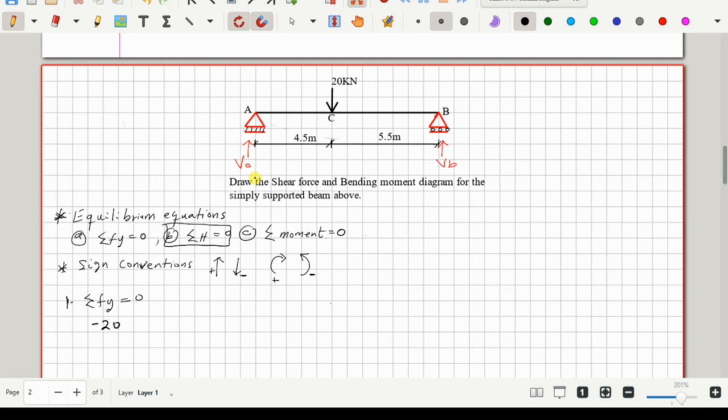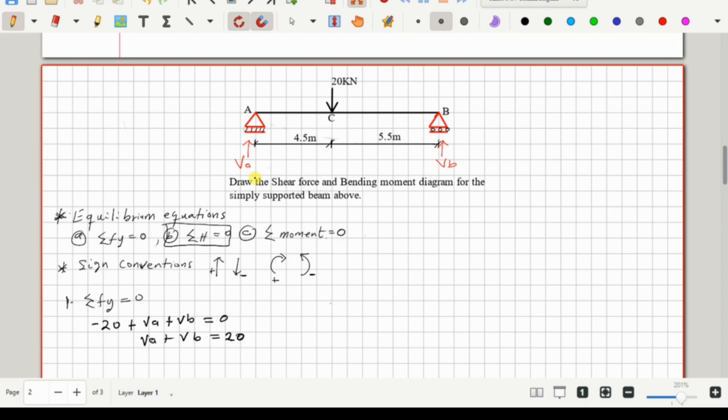And then at A, we also have a reaction, and that is an upward force, so plus VA. And then at B, we also have a vertical reaction, which is upwards, so positive. And all this must be equal to 0. So this will give us VA plus VB equals 20. Okay.